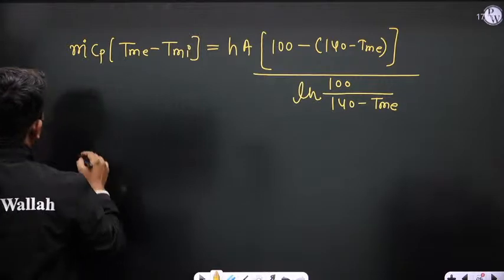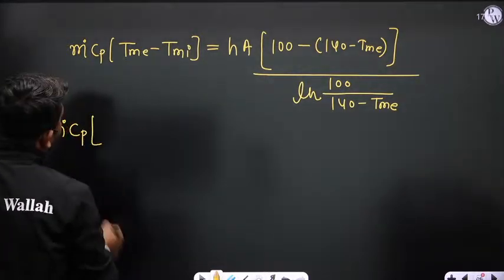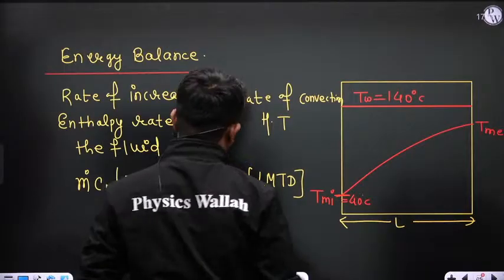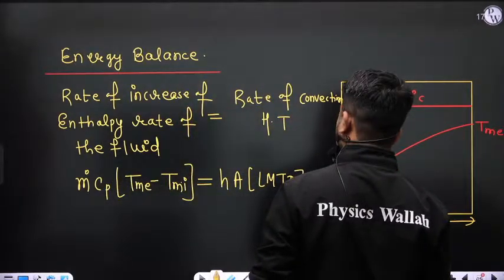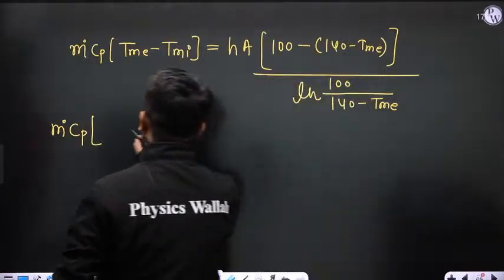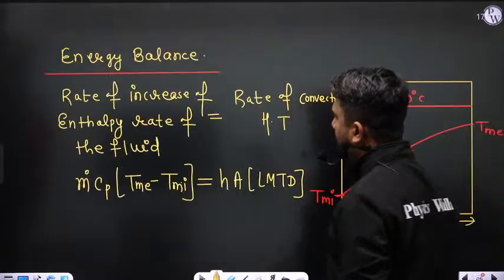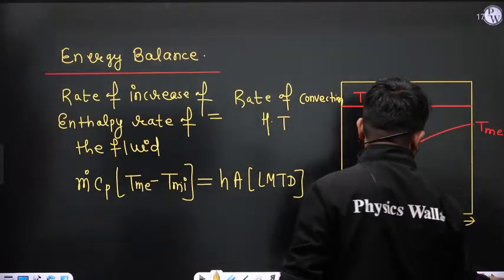Now see here, mass flow rate is given, Cp is also given, TME is unknown. What is the TMI? The TMI is 40.